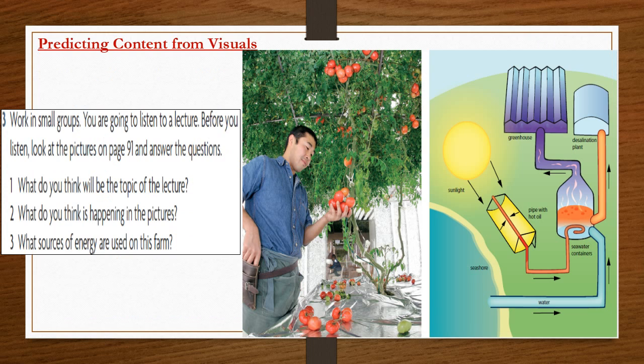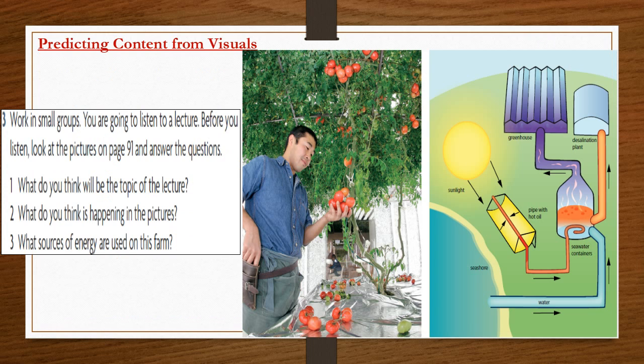On the right hand side, I can see some light, and it's collected by a solar panel, and some hot oil is passing into tubes, then evaporating the seashore water to get drinkable water to the greenhouse to help cultivate different crops.